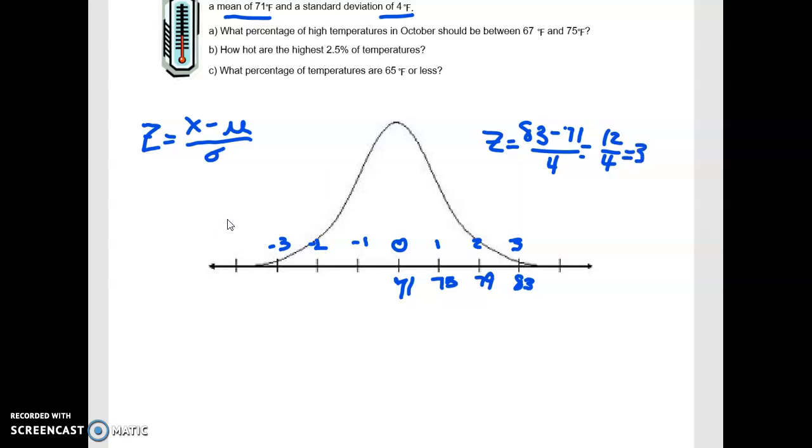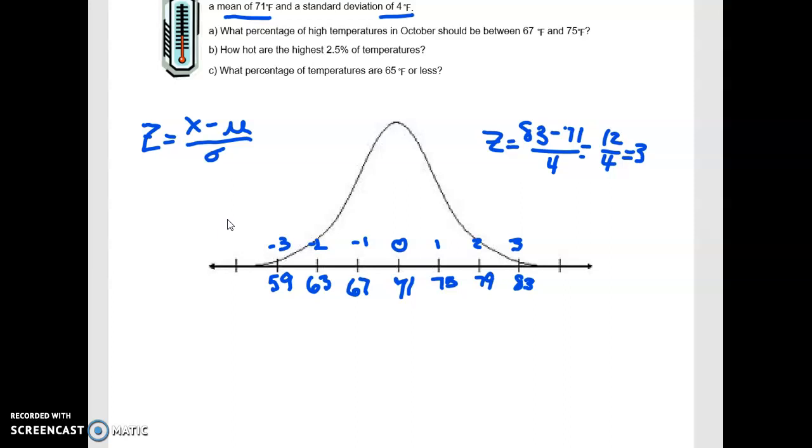So 83 has a z-score of 3, and there's your 83, and as we see, it has a z-score of 3. Okay. Now let's go in the negative direction. This is 71, so we're going to go minus 4, which would give us 67. Minus 4 again would give us 63, and minus 4 again would give you 59. Okay, so we have our distribution laid out.